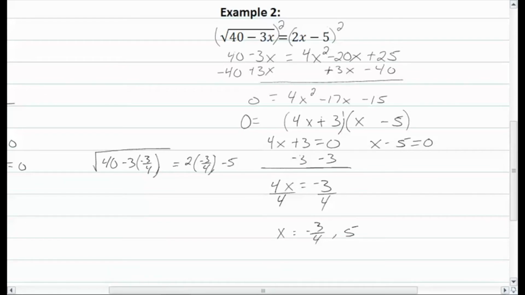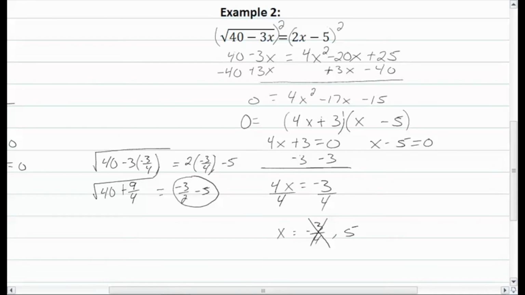Okay, so we've got square root of 40 plus 9/4 equal to, let's see, -3/2 minus 5. Well, actually, I don't even need to go any farther. This right here gives me a negative number, so it will not be a solution, because we do not have the square root equal to a negative. So that one's no good.